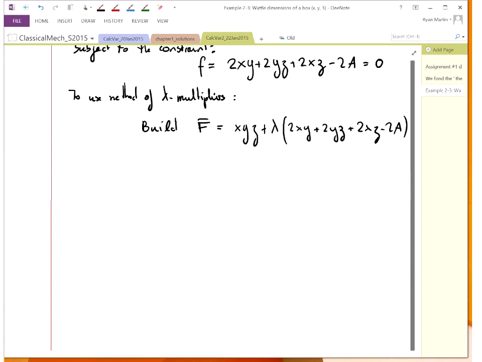So now the stationary point of capital F, given the constraint lowercase f, is found by setting all the partial derivatives of f bar to 0. So f bar is a function of x, y, and z, and then it also depends on lambda.